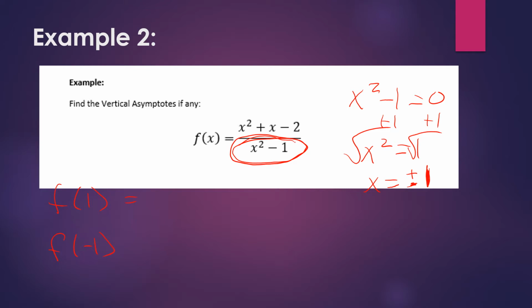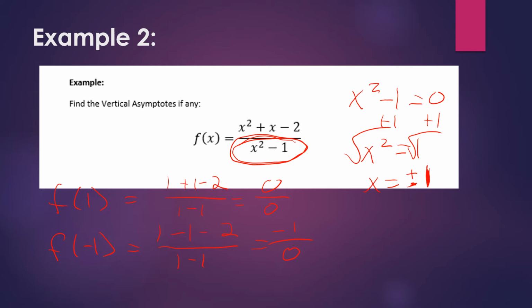If I plug in 1, in the numerator I'm going to get 1 plus 1 minus 2, divided by 1 minus 1. So I'm going to have a 0 over 0 there. If I plug in negative 1, I'm going to get 1 minus 1 minus 2 over 1 minus 1, which is going to be negative 1 over 0.